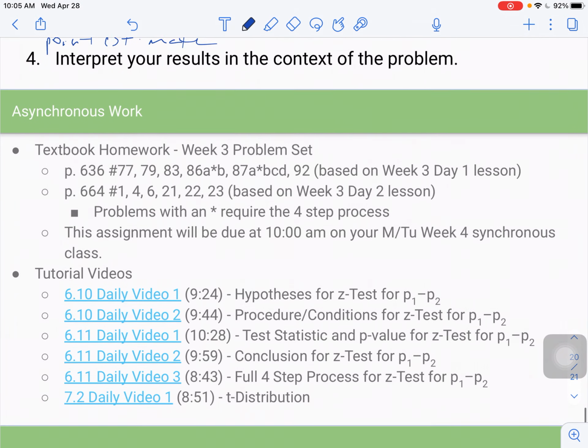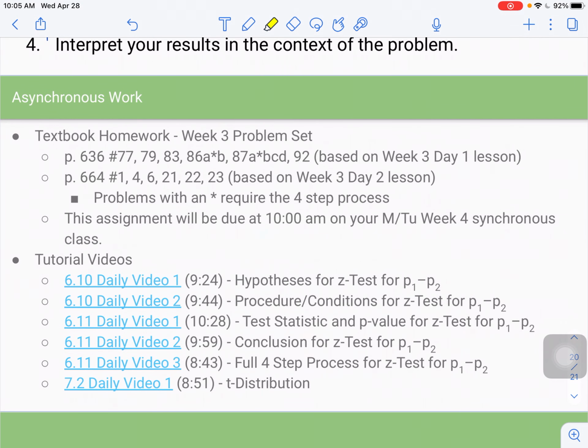Okay, so asynchronous work. This is the same as what I had in the day 1 video. These problems you already know how to do from the week 3 day 1 lesson. Now you are able to do these problems. Notice I don't have any 4-step problems in this page 664 section. The 4-step problems for the t interval for mu will come next week.